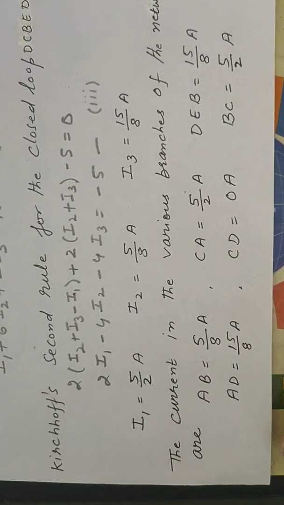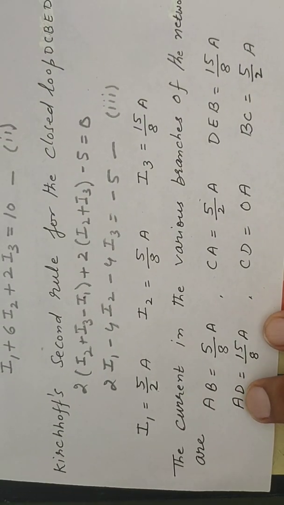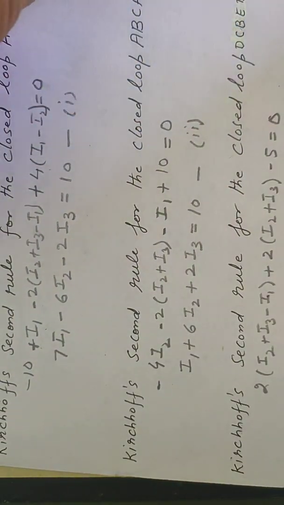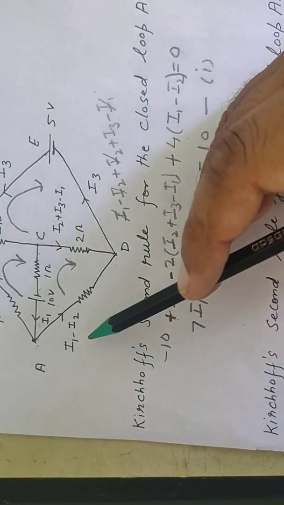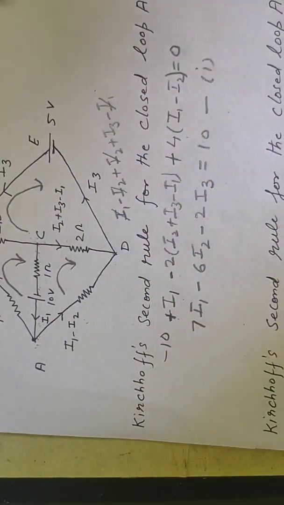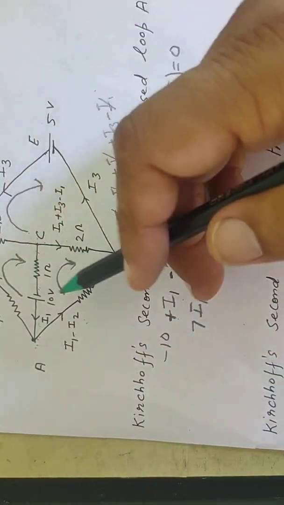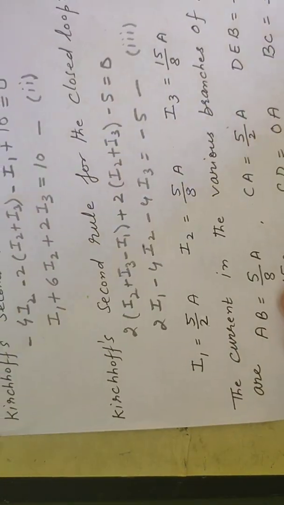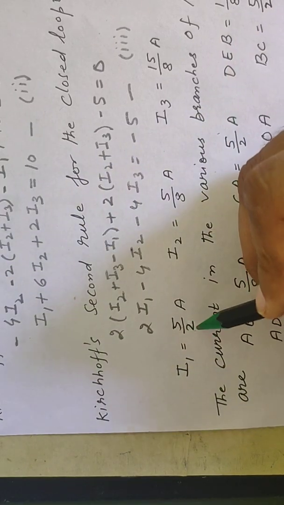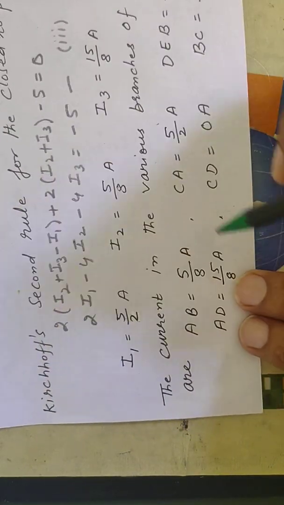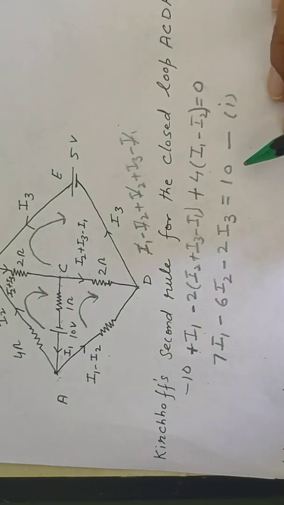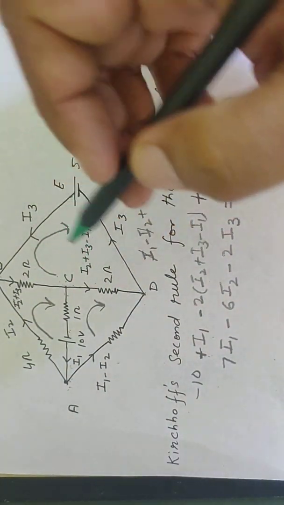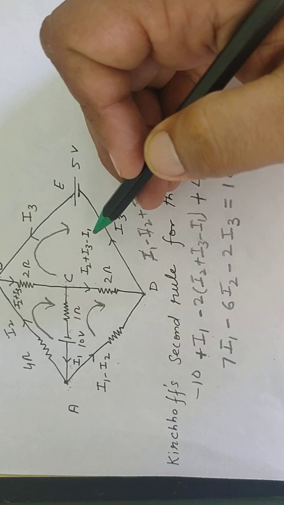Now next we are to find the current in branch AD. Here current flowing is I1 minus I2. So we subtract I2 from I1. When we subtract these two, we get 15 over 8 ampere. Similarly, in the branch CD, we have I2 plus I3 minus I1.